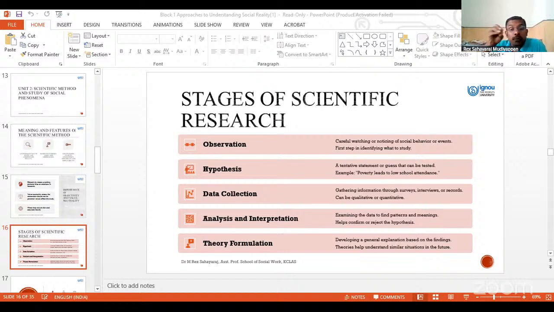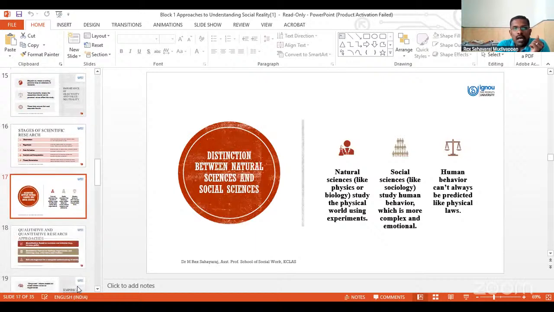Then this theory is proved, these indicators are proved. So you can test the theory. So for a scientific research, we should have observation, hypothesis, data collection, analysis and interpretation, and theory formation.